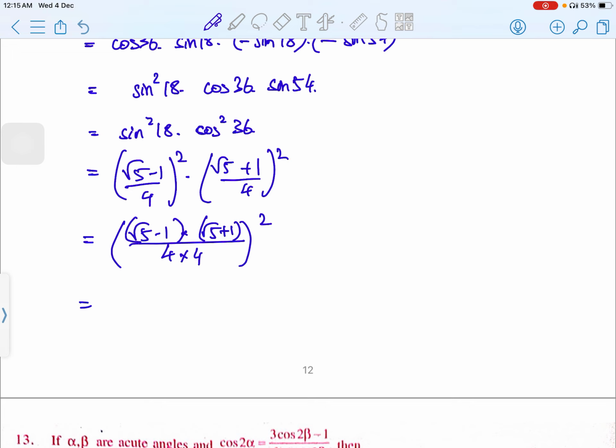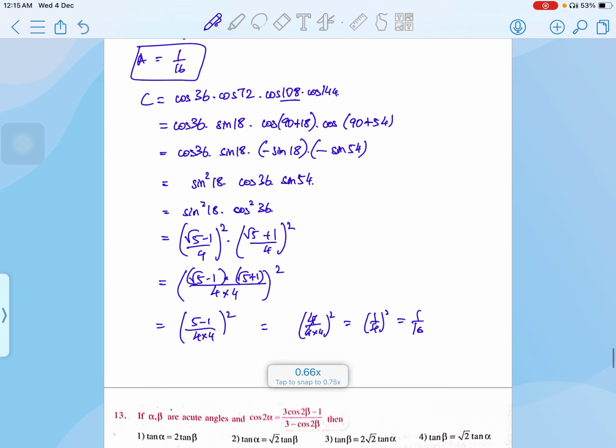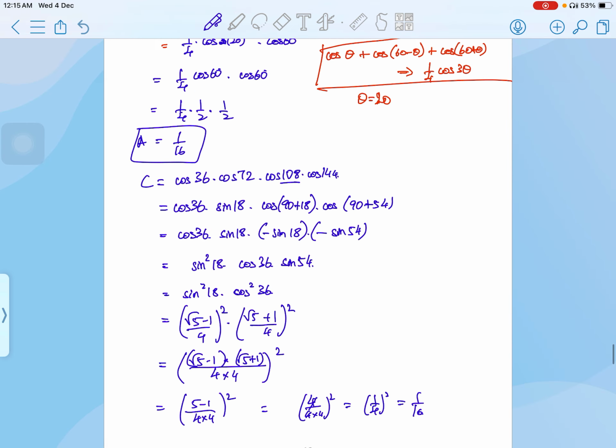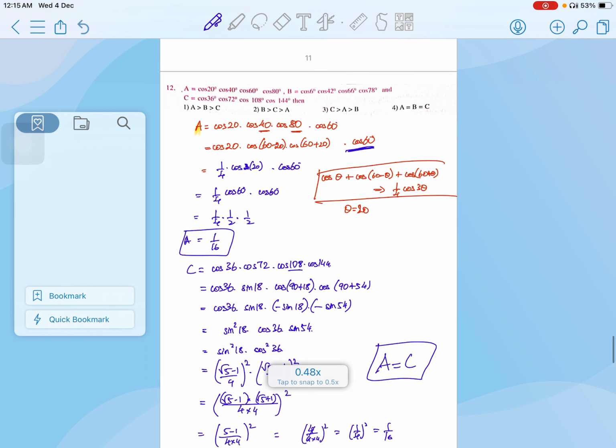So a plus b, a minus b, na, 5 minus 1 divided by 4 into 4 whole square. So 4 by 4 into 4 whole square, 4 and 4 cancel, 1 by 4 whole square, 1 by 16. By this I can say a is 1 by 16, b also 1 by 16. Sorry, a and c are 1 by 16. Now only one option is suitable for a and c being equal.